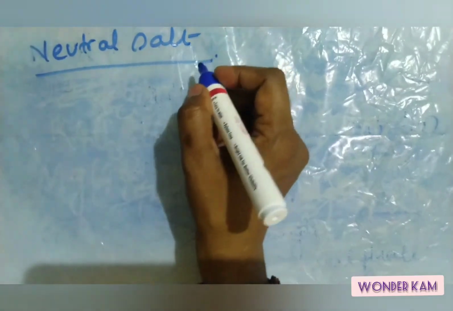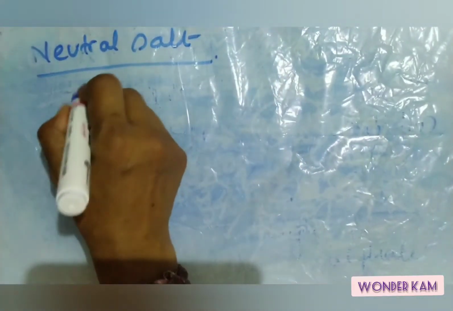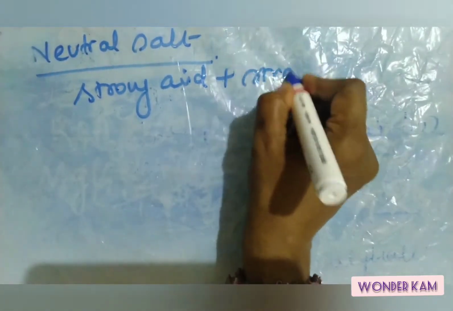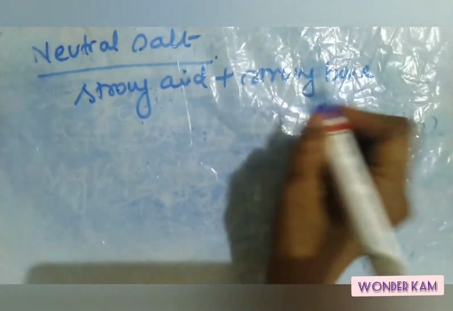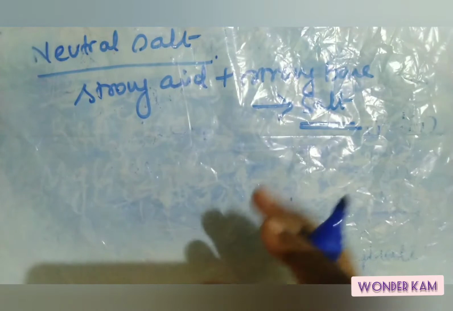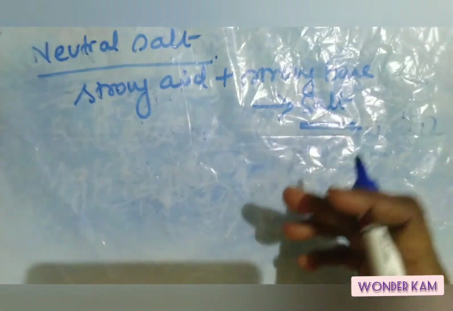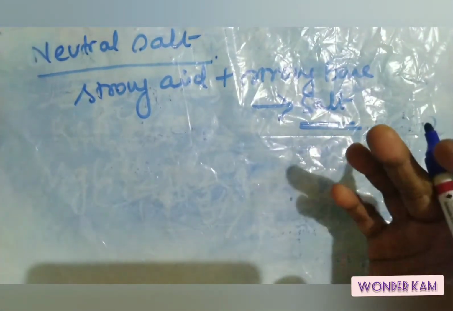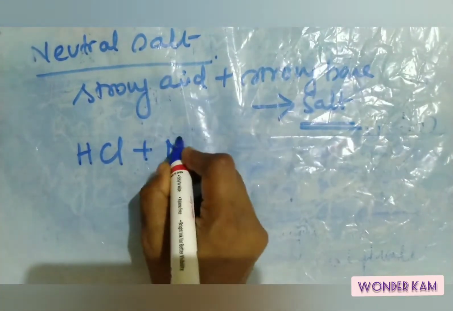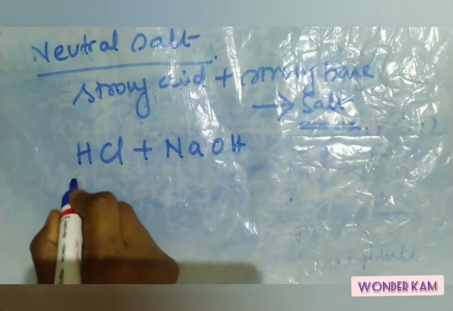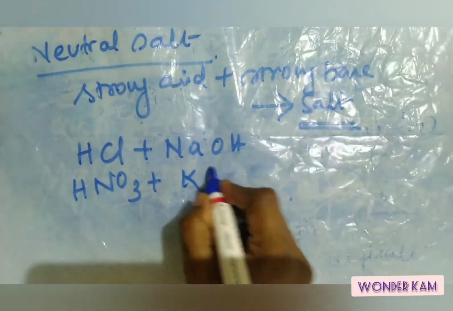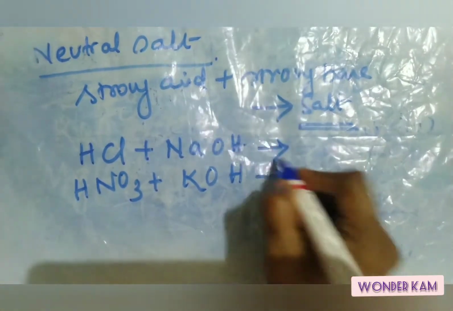The salt which is formed by the reaction of a strong acid and a strong base is a neutral salt. This type of salt doesn't have any effect on litmus paper. So for example, strong acid HNO3 or sulfuric acid, and strong base such as potassium hydroxide.